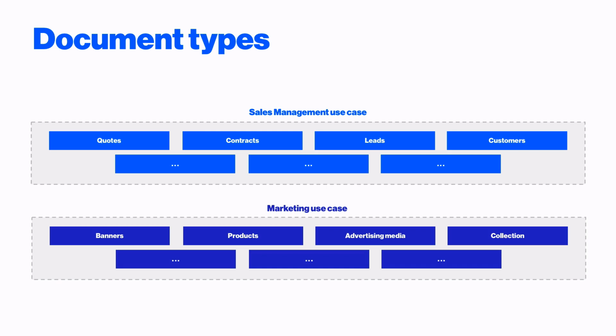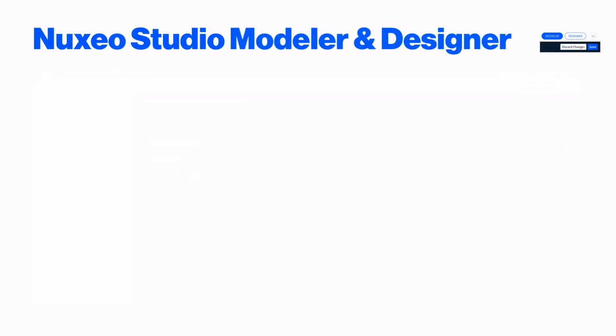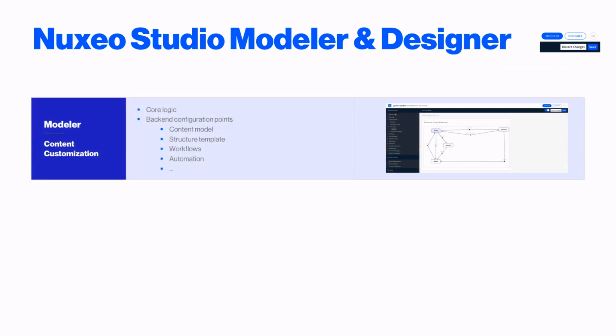Document types are created within Nuxeo Studio, the Nuxeo Platform Configuration SaaS application. Nuxeo Studio is divided into two sections. On one hand, Nuxeo Studio Modeler aims at defining the core components and business logic of the platform.